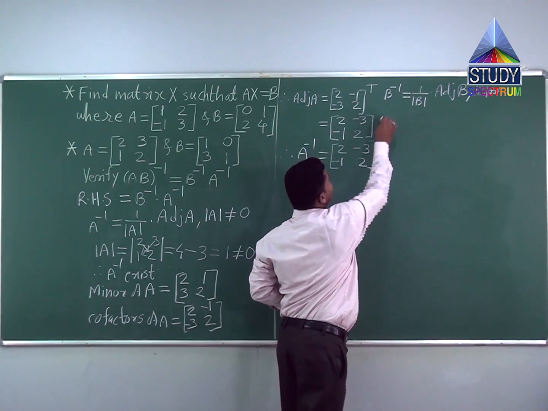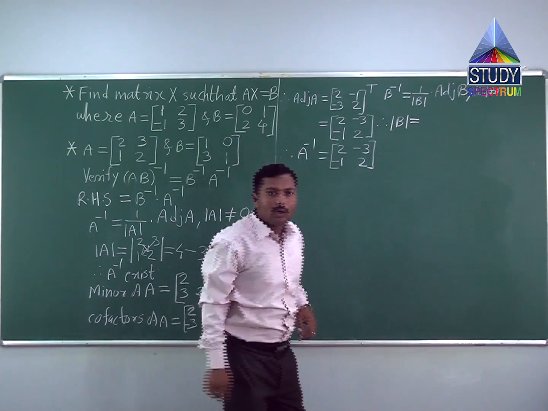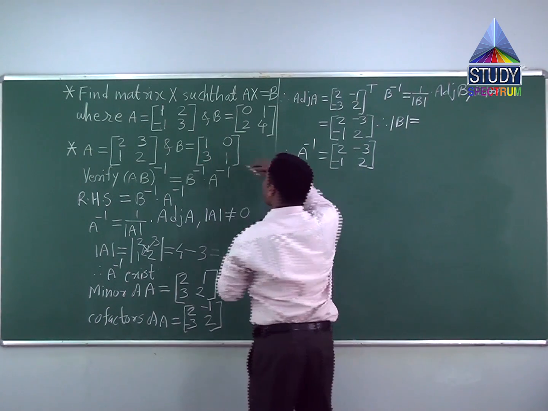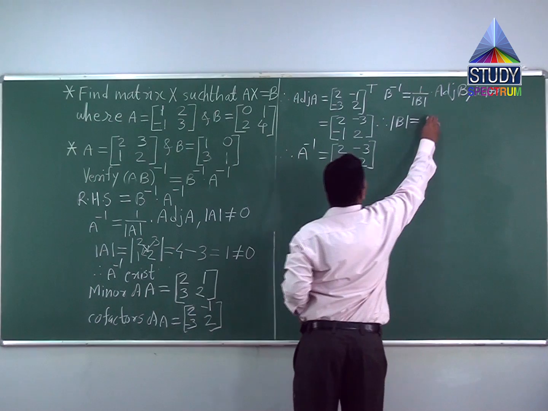So we check this. Determinant of B equals, what is the matrix B? First row 1, 0, second row 3, 1.